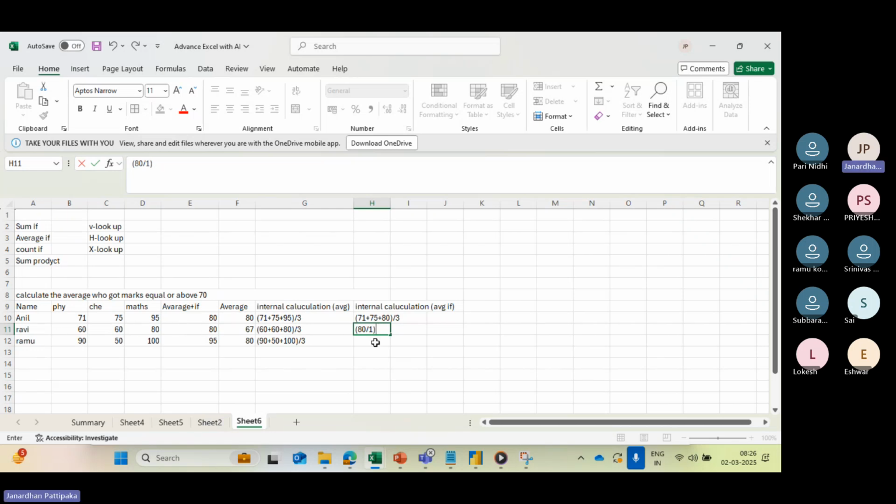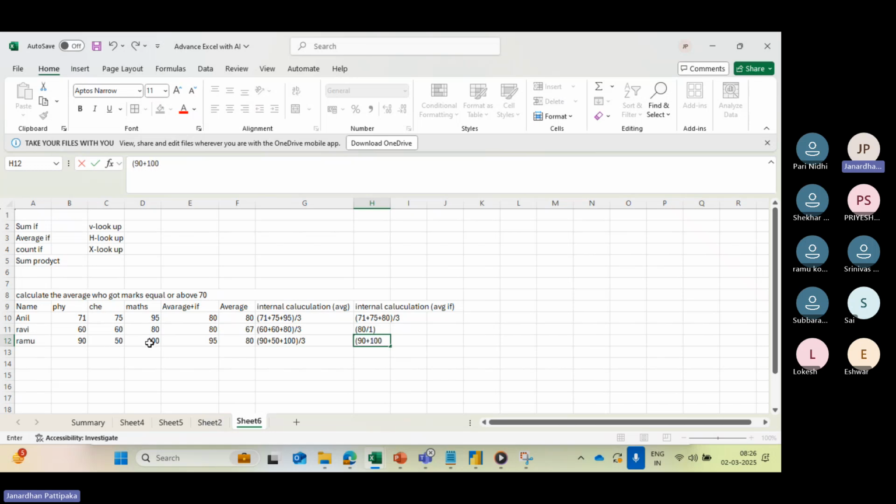Okay. But when you look at this, again, this calculation will be different. So here 90, it is satisfying above 70. 100, it is satisfying above 70, but it will not calculate this 50. So how is the internal execution for this? 90 satisfies the condition, plus here 100. This 50 is not satisfying above 70, so it will not take it. But 100 is satisfying.